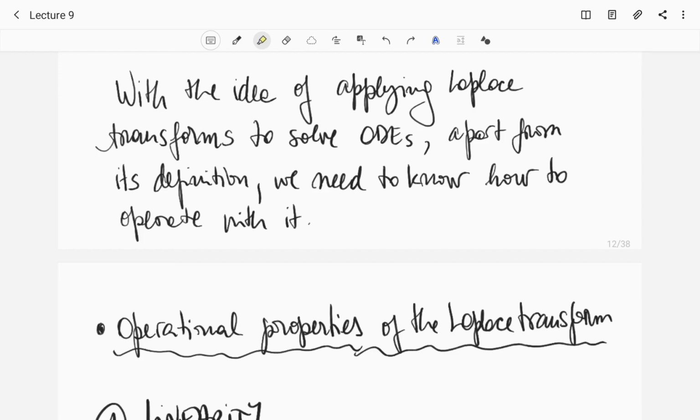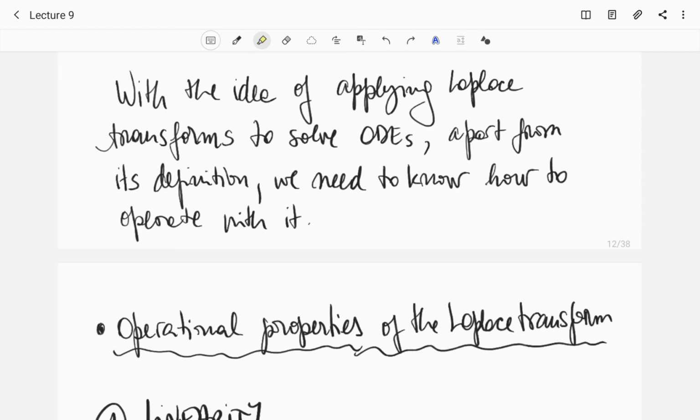And also, okay, we can find in our ordinary differential equation a couple of functions, so we need to know how to compute the Laplace transform of those functions. Okay, and once we solve the new transformed equation, we want to go back and recover the real solution, the solution of the equation. And that's why at the end of this lecture we will see how to invert this Laplace transform.